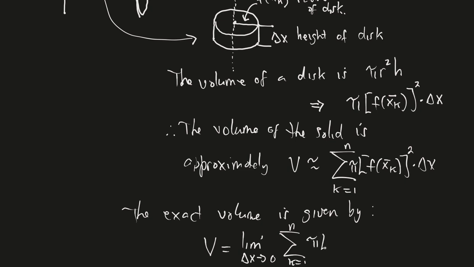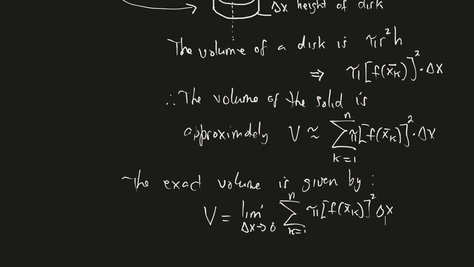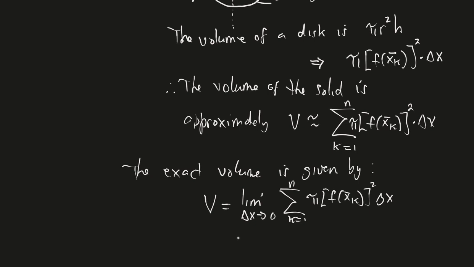This will be our Riemann sum, with f of x squared and delta x. But this is how we define a definite integral, by taking the limit of a Riemann sum. And now, if the interval is from a to b, we can write our volume in terms of this formula.